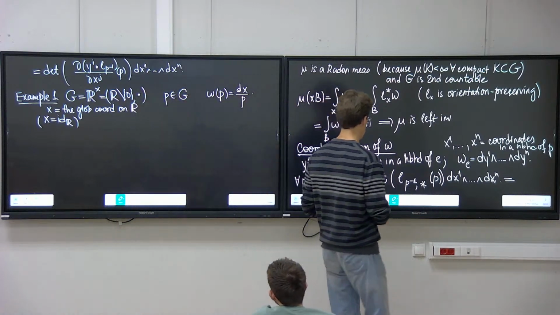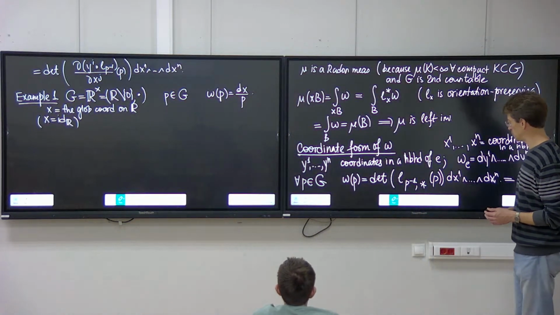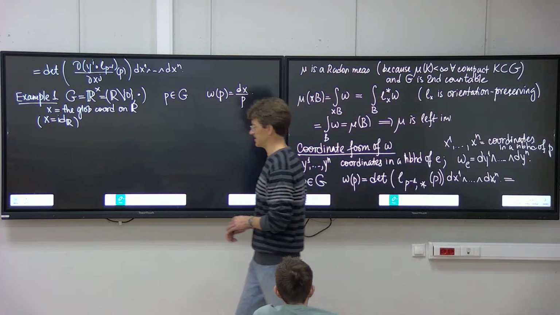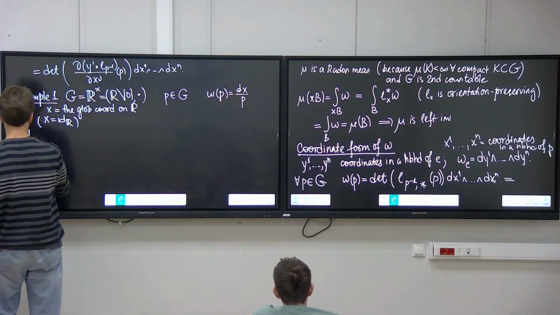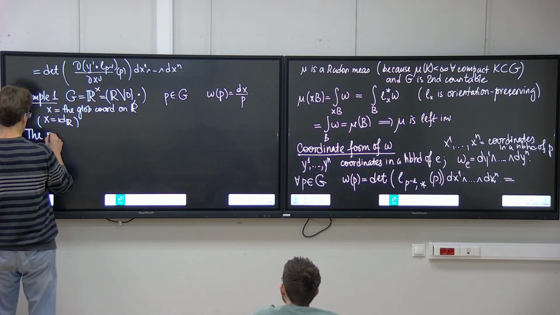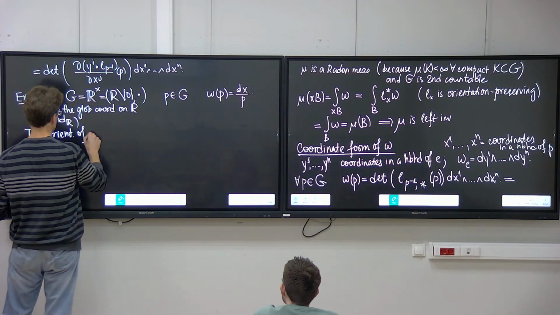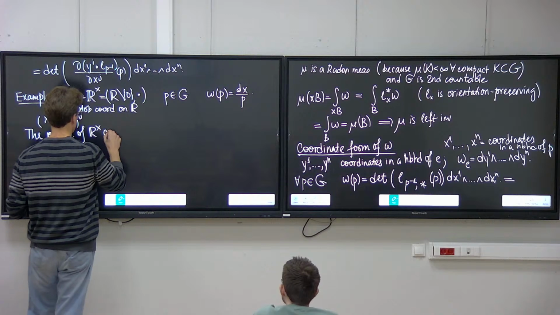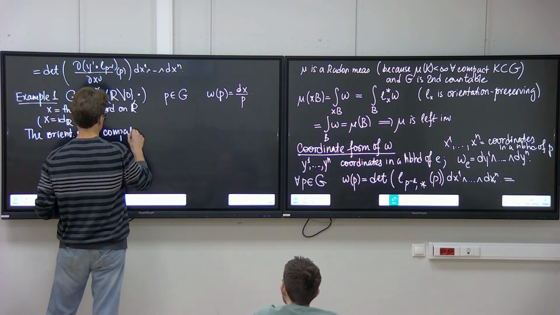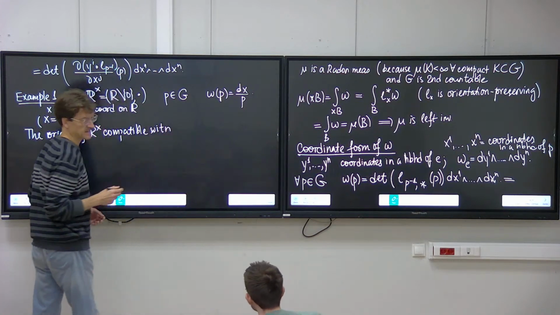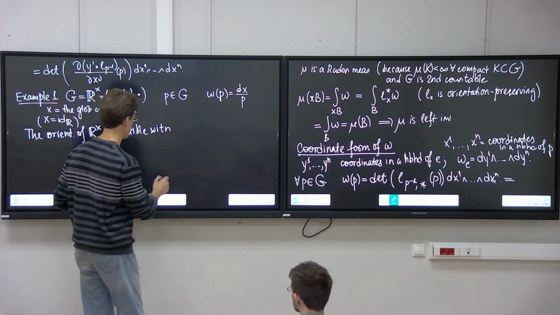A delicate point here is to introduce the orientation on R cross. The point is that the orientation on R cross compatible with omega is not exactly the standard orientation on the real line.